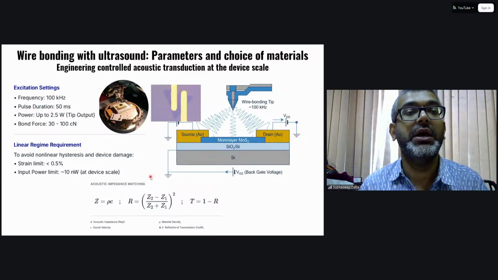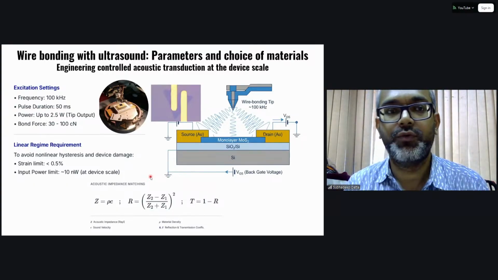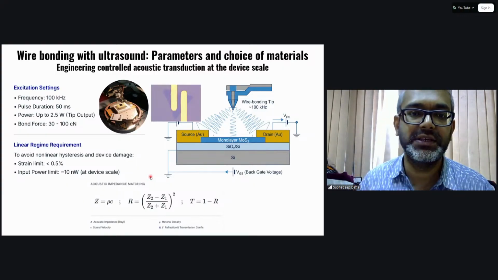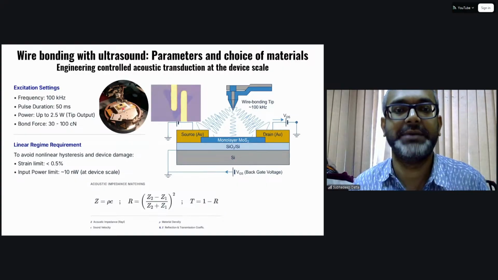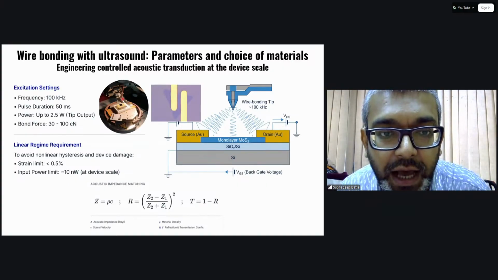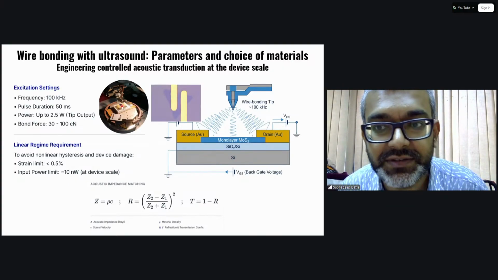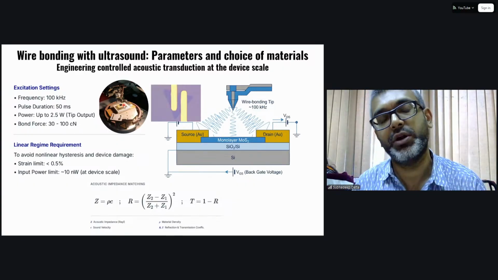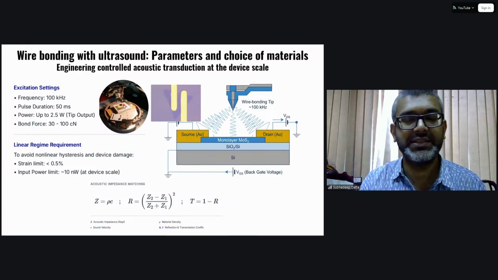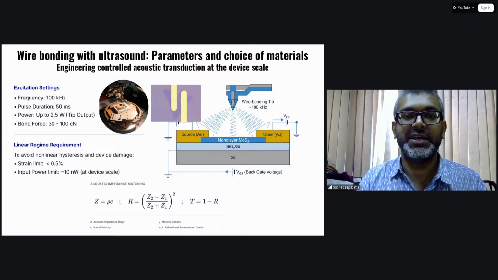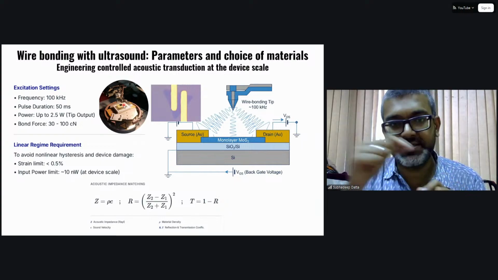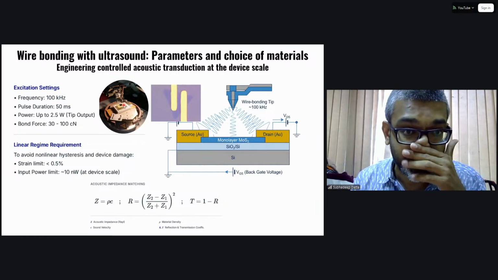Now, how will we create this ultrasound? For us, it's very easy. As you can see from this picture, this is our lab picture of the homemade setup. This is the ultrasound tip, which is from a wire bonder. Usually, wire bonders are used to create those circuits. I have shown you some wires from big pads to small pads in the first or second slide.